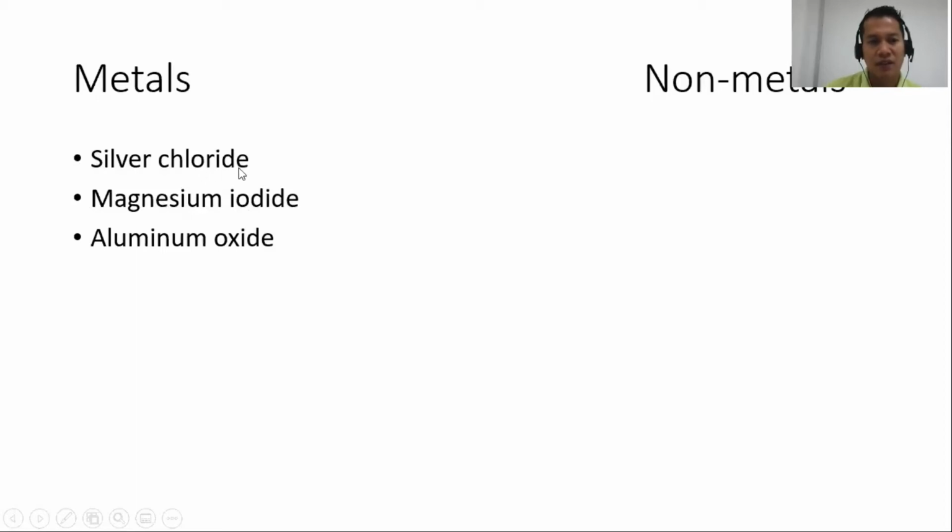Iodide, or iodine, is a non-metal. Oxide, or oxygen, is a non-metal. Aluminum and magnesium are metals. So silver, magnesium, and aluminum are the metals, and the chloride, iodide, and oxide are the non-metals.